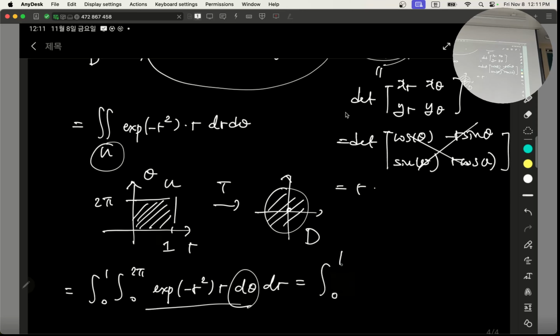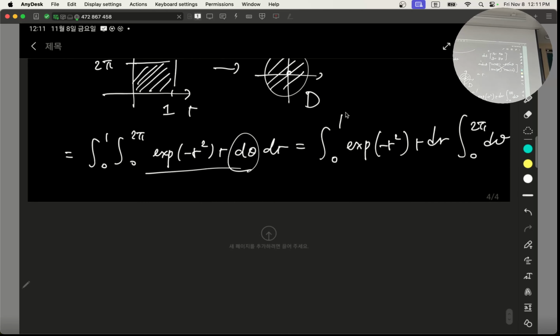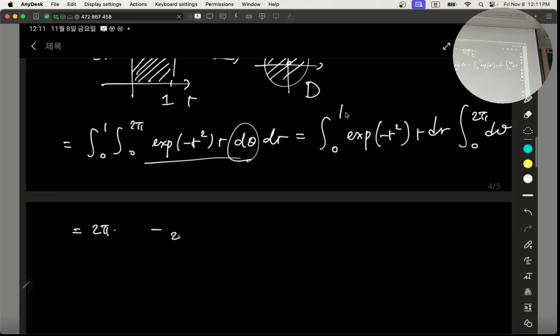So we can take out the integral of exponential of minus r squared times r dr, times the integral over 1 of d theta. So it's 2 pi, and then minus 1 over 2 times exponential of minus r squared, where r goes from 0 to 1. Get the number.